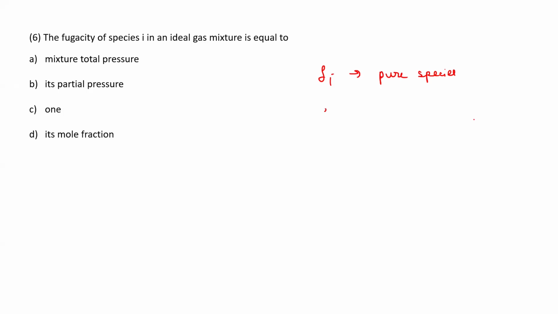So here we are being asked the fugacity of species i in an ideal gas mixture. This is f_i hat, and this is equal to y_i P in an ideal gas, and this is the partial pressure. It is equal to P_i, right?